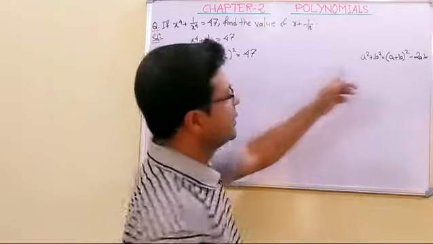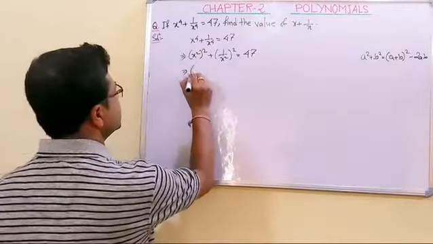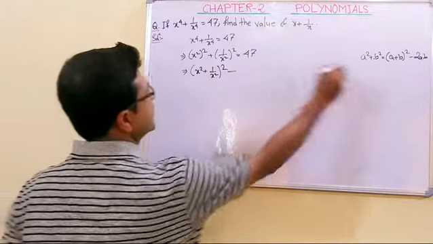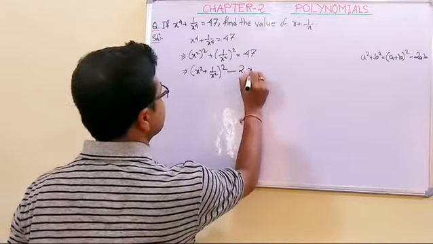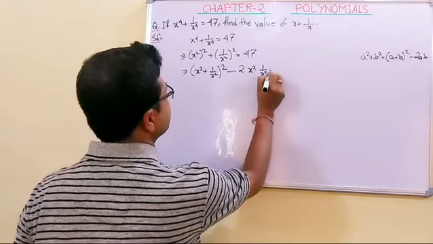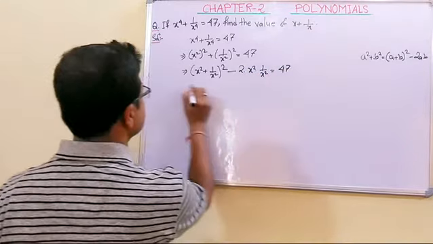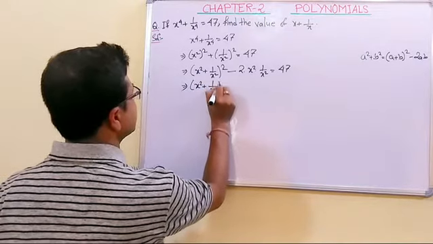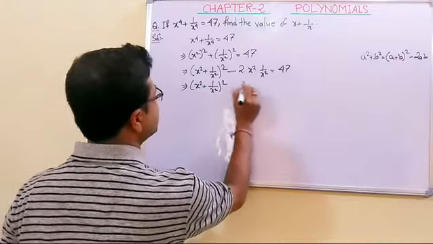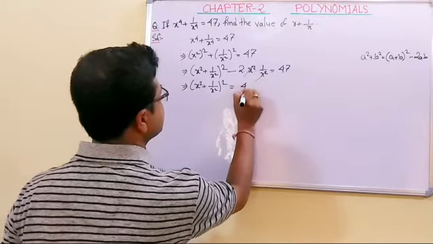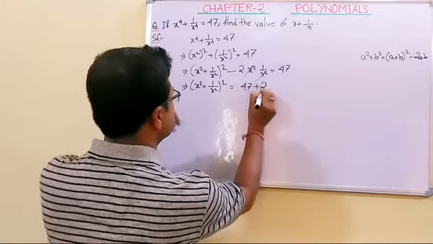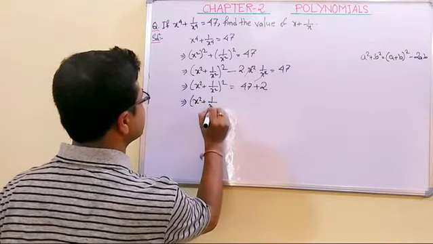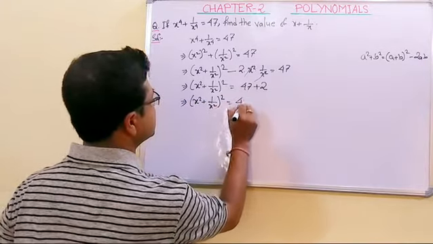Now this is of the form a square plus b square, so it is (a plus b) whole square minus twice ab. That is (x square plus 1 by x square) whole square minus 2, and x square will get cancelled. This is 47, and on this side it is plus 2. So x square plus 1 by x square is 49.